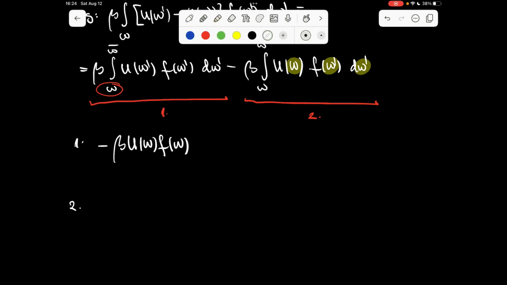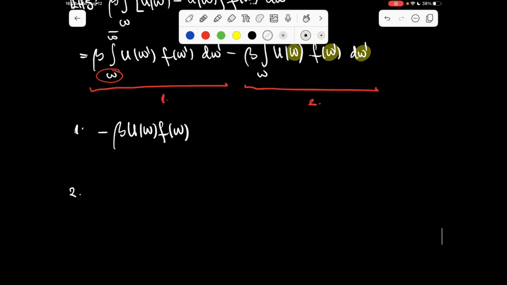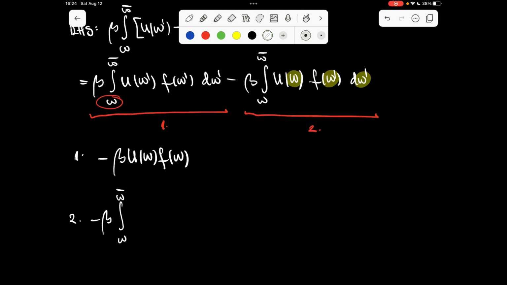So for simplicity, we can say that section 2 of the integral can be simplified because of the difference in variables.